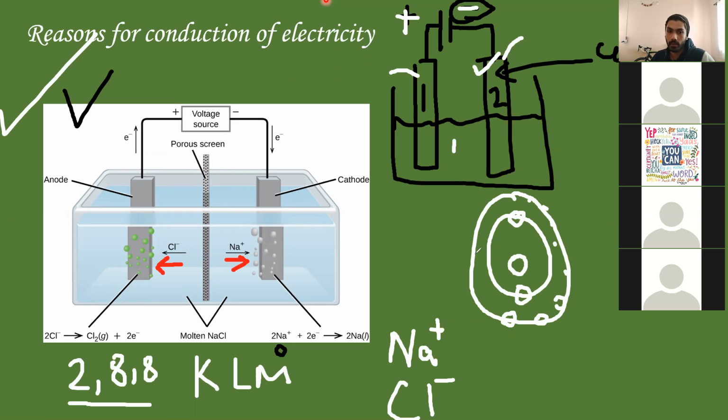So 11 is 2, 8, 1. Okay. So 2, 8 इधर है और 1 बाहर है. So if this guy loses this or gains this, whatever, it will be stable. So every ion wants to be stable in their life. Uske liye they can do anything. Either they can give electrons or take electrons.